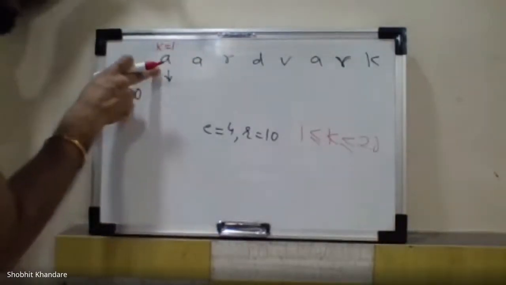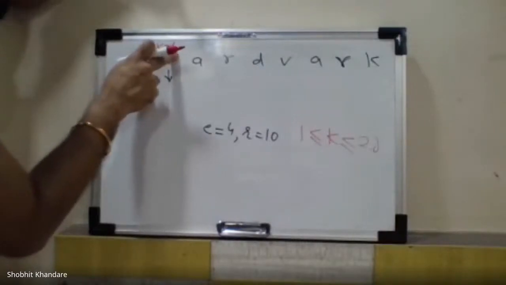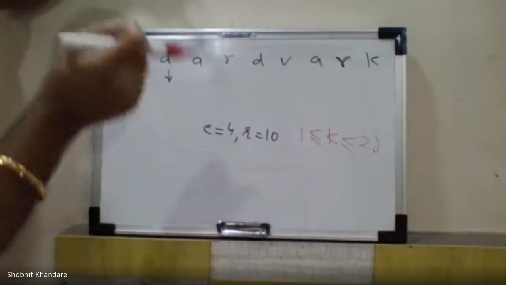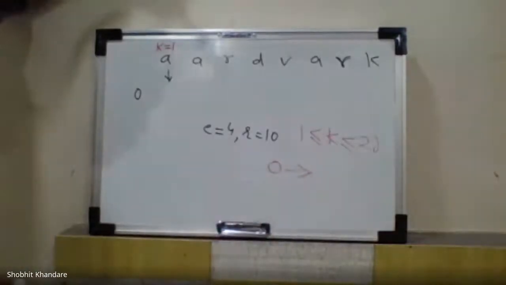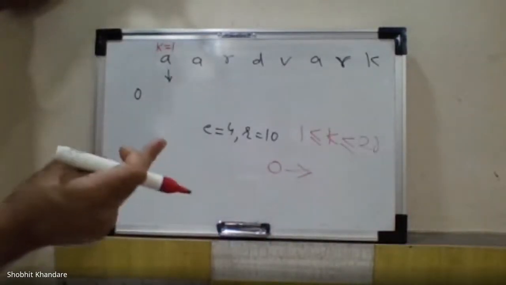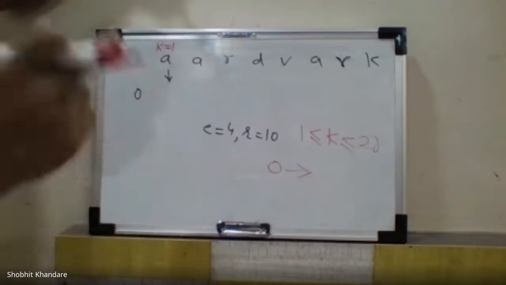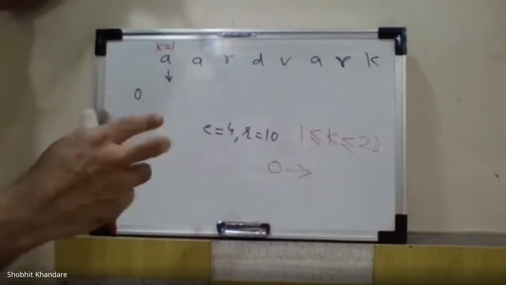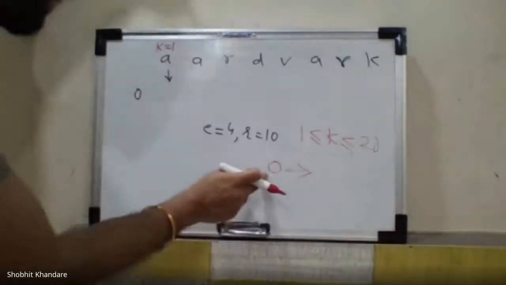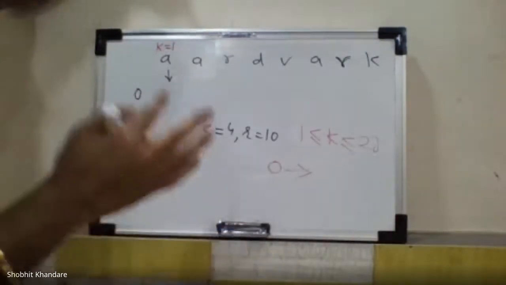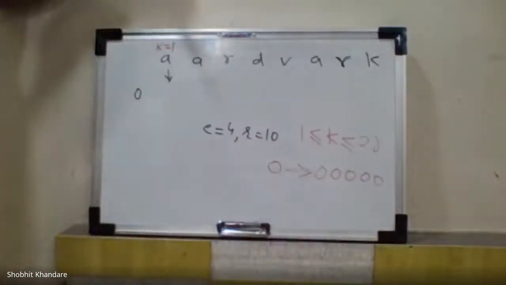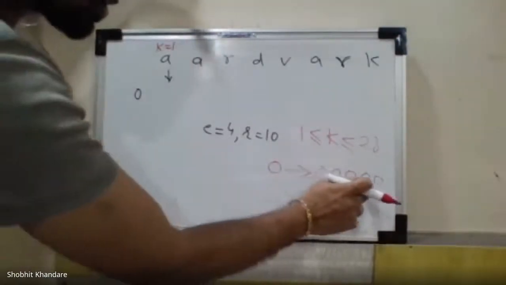So tell me, for this K equal to 1, what is K minus 1? It will be 0. To represent this 0, how many bits do I require? I require E plus 1 bits. What is the value of E? 4. E plus 1 becomes 5. So to represent 0, you require 5 bits. Can I say it is 0, 0, 0, 0, 0?